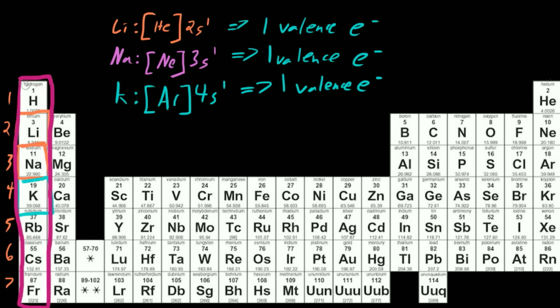Hydrogen is not included in the alkali metals, but we are going to include hydrogen in this grouping because we can say that all of these elements in this column are going to have one valence electron. Let's see if we can find a similar tendency in another column on the periodic table.